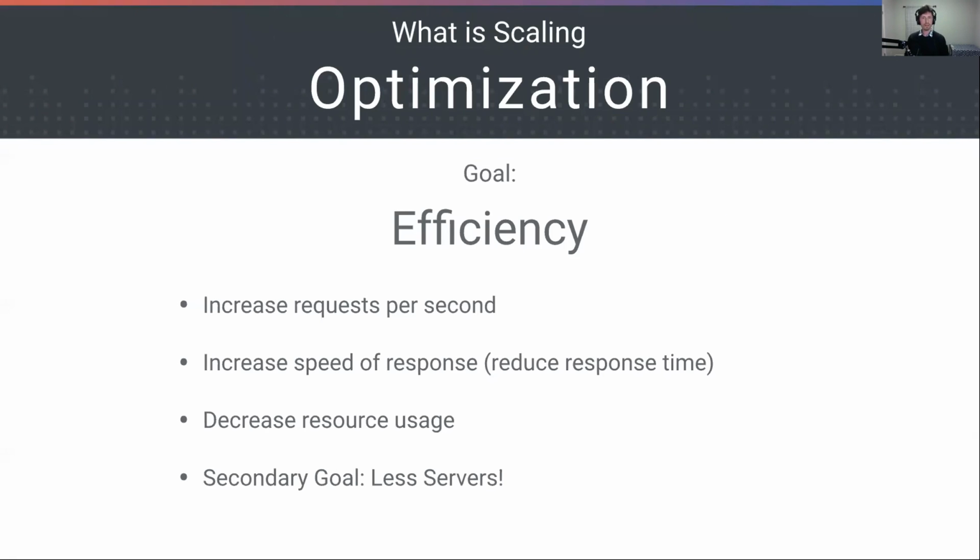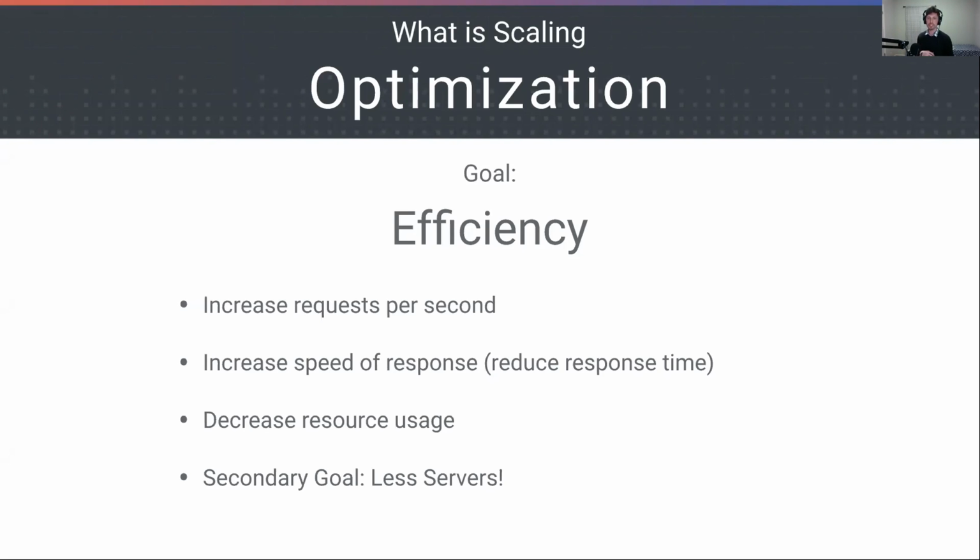So optimization, we're going to talk about efficiency. The goal of optimization is efficiency. You can think of efficiency as doing more with less, right? So increasing requests per second would be the way to measure efficiency. If your application can handle more requests per second, it is more efficient.